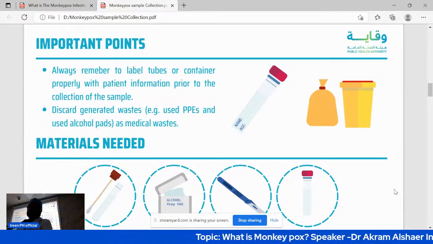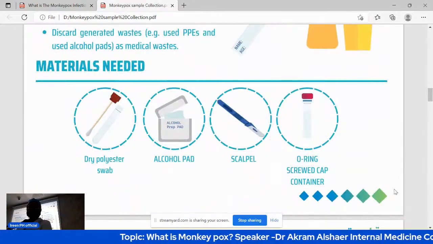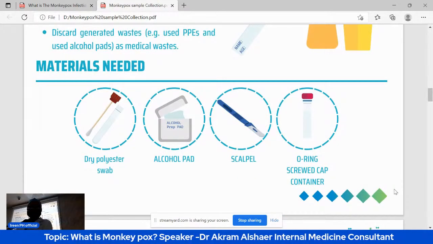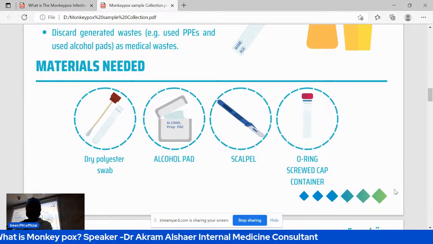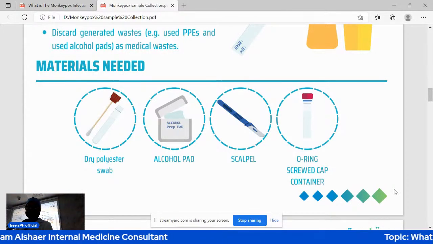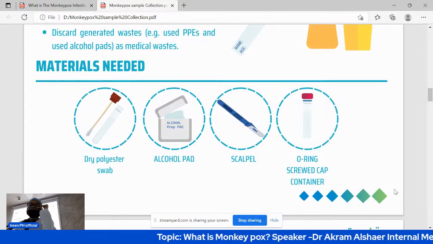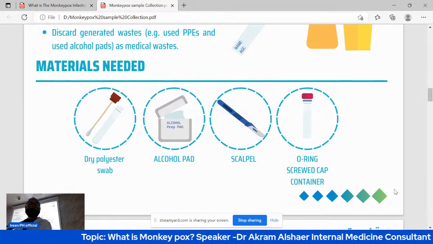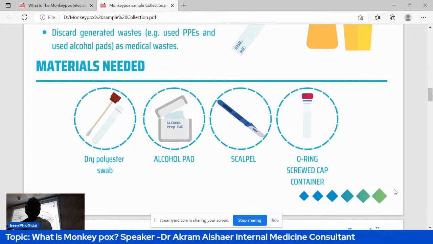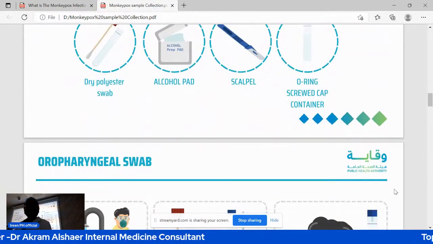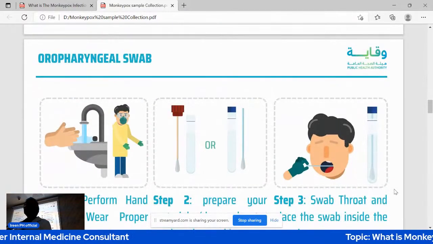What materials are needed? Dry polyester swab, of course, alcohol pad, scalpel, or a screw-cap container.